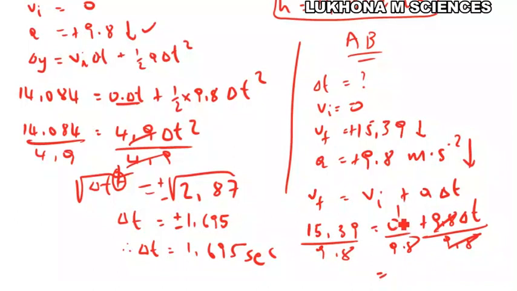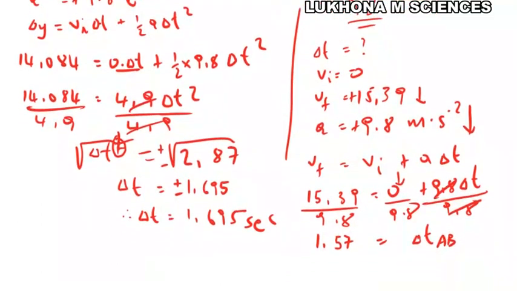Here it's 0. Then delta T is equal to 15,39 divided by 9,8. Then we get 1,57. That is the time from A to B.